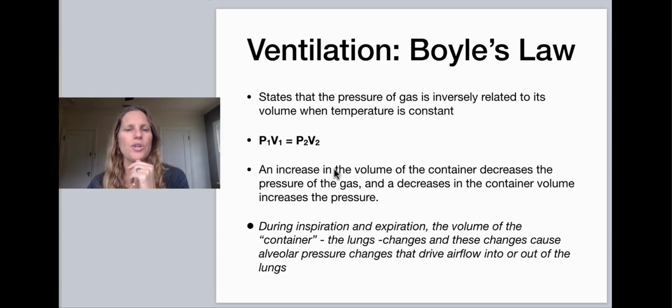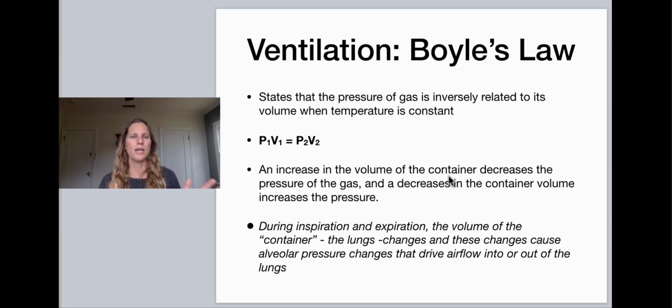As you increase the volume of the container, so as we apply this to the human, as we increase the size of our thoracic cavity, the pressure inside goes down. If you decrease the volume, like when you expire, the pressure inside goes up.